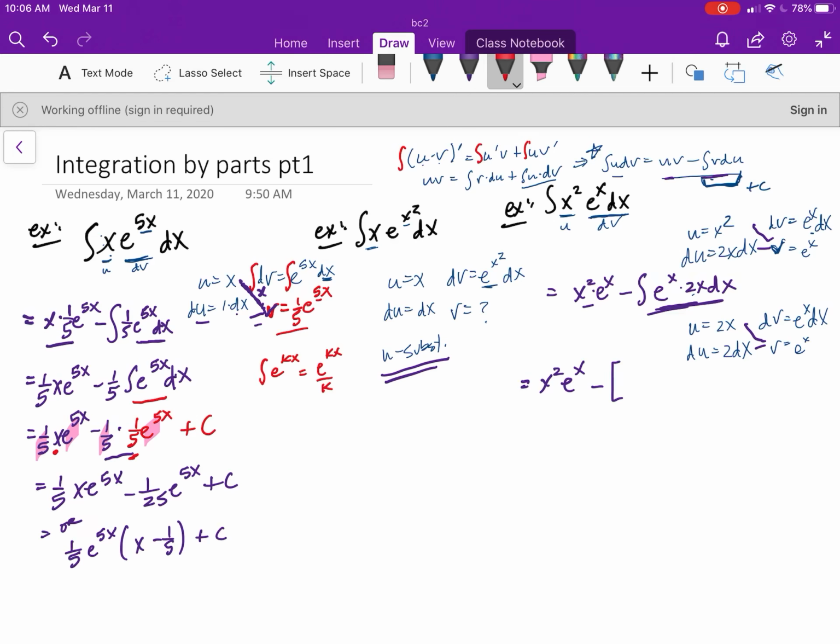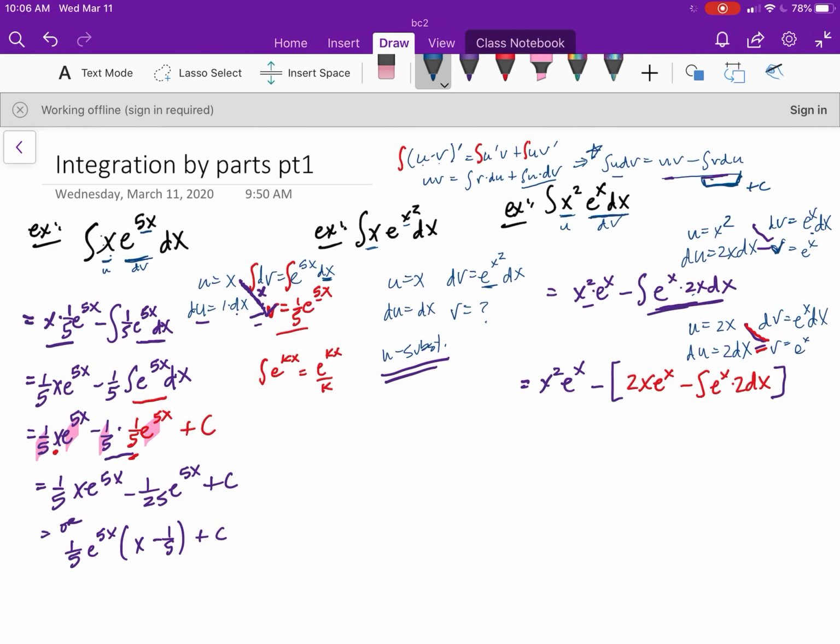Let's switch colors. So uv is 2x e to the x minus the integral of v du, so minus e to the x times 2 dx. Get ready to use some paper when you do these.